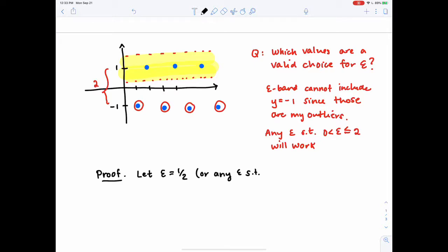Now, if you're writing your proof, you don't need to tell me that, but this is just from a notes perspective. As you're trying to make your decisions, it might be helpful to have it noted how we were able to pick an epsilon that works to begin with. So let epsilon equal a half.